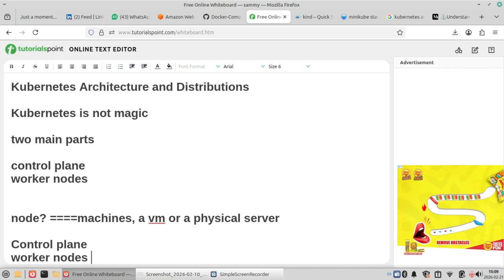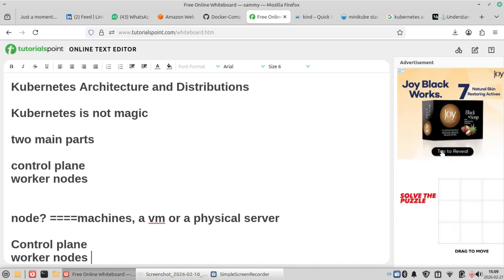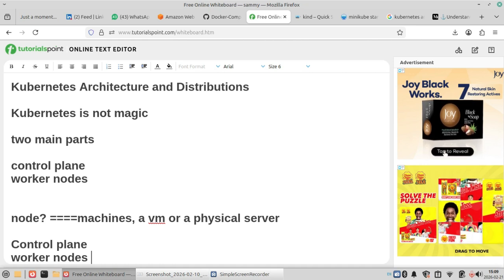So you have this very clean separation: the control plane is in charge of management and decisions, while the worker nodes are in charge of the actual workload execution. This separation is extremely important because later when something breaks in your cluster, you must know if that problem is a control plane problem or a worker node problem.